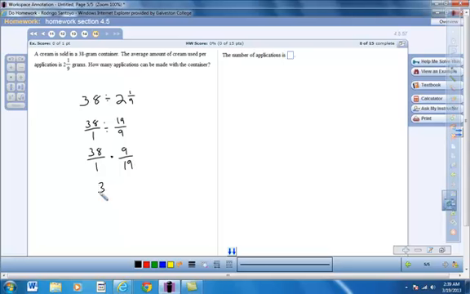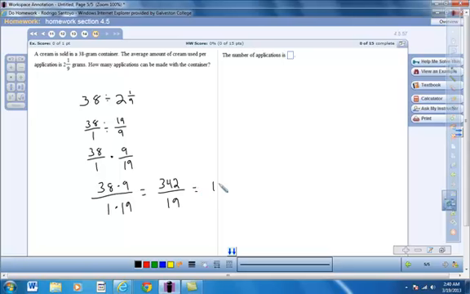And now we know we're just going to multiply across. 38 times 9. 1 times 19. And when we multiply 38 times 9, we get a number like 342. 1 times 19 is just 19.